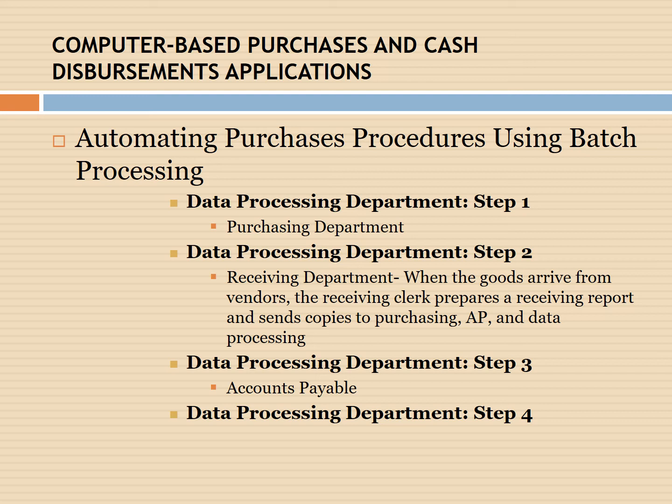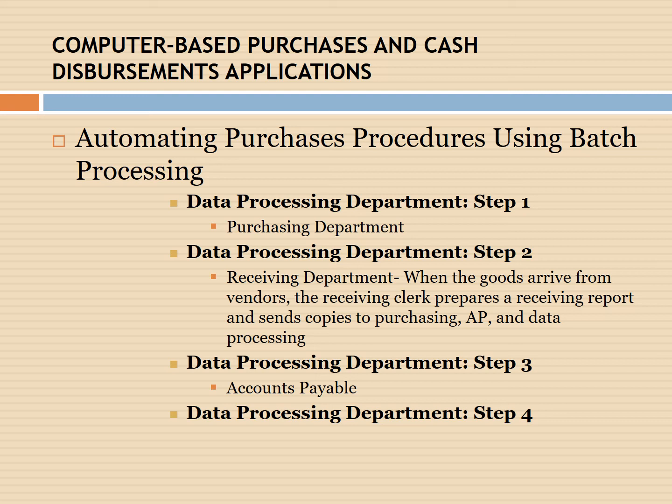This reduces the risk of placing unnecessary orders with the vendors because of a computer error. If sufficient computer controls are in place to prevent or detect purchasing errors, then more efficient ordering procedures can be implemented. So, data processing department, step 2.